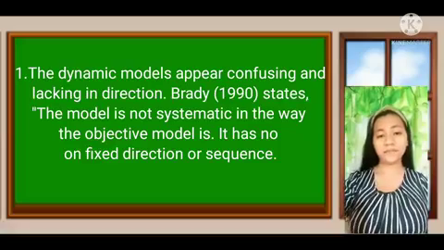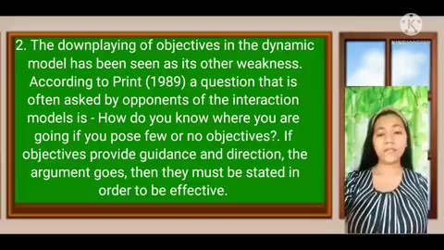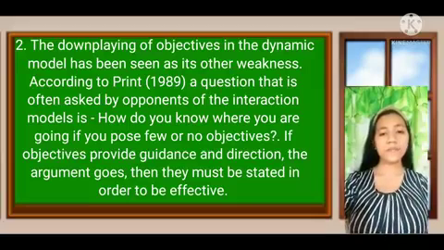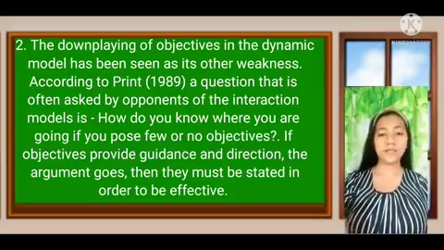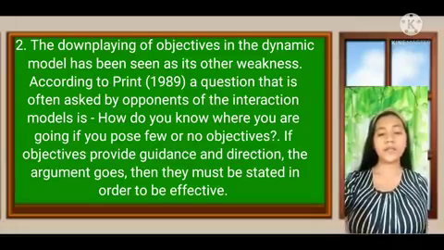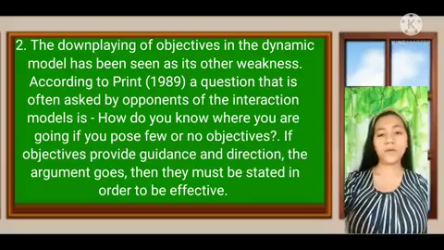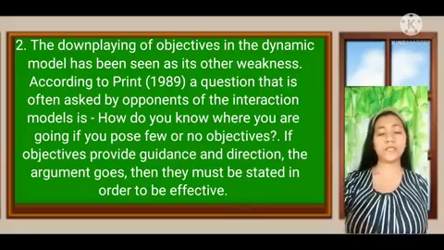The next is the downplaying of objectives in the dynamic model, which has been seen as another weakness. According to Print of 1989, a question that is often asked by opponents of the interaction model is, how do you know where you are going if you pose few or no objectives?